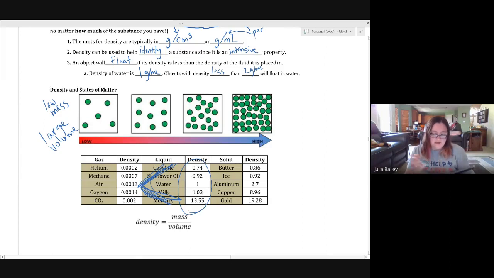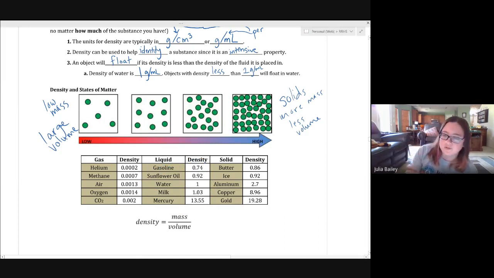And then we can talk about the density of solids, where the density is much higher because you have more mass in less volume, and that means the ratio is going to end up being a bigger number. And again, we can see that for most of these solids, they are more dense than most of these liquids.